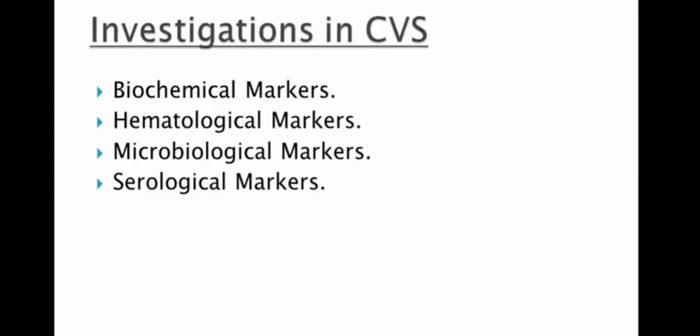By modifying all these risk factors, we can modify the coronary artery disease also. But while assessing the modifiable risk factors, we have to look into the lipid metabolism and the glucose metabolism of the body.